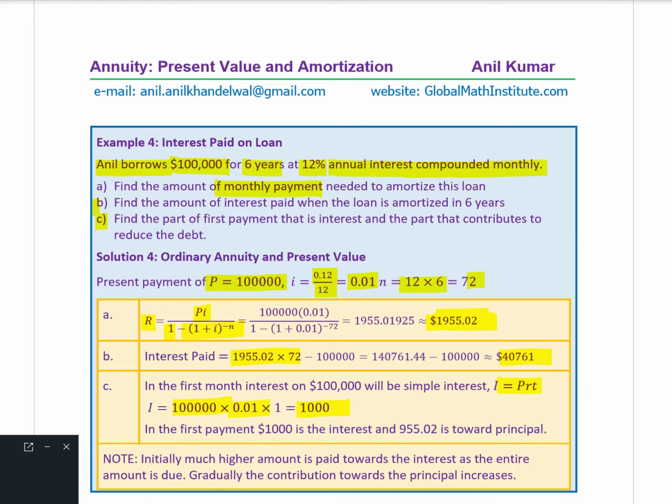So 1,000 is the interest, and therefore from the total amount, you can see 1955, the 1000 is the interest, and 955.02 is towards reducing the debt, right? That is what the situation is, right? So interest is even more than what goes towards reducing the debt, correct?